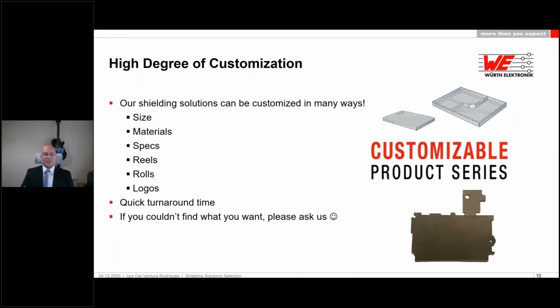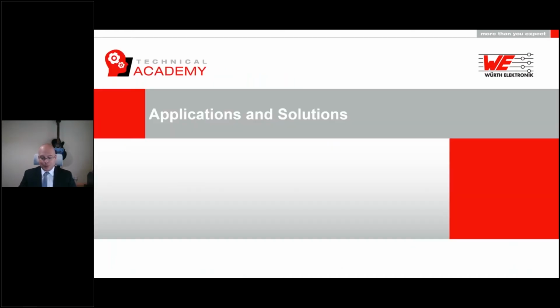Don't think twice about asking us, because we can customize size, materials, specifications, and packaging, if they're going to come, for example, on reels, rolls, or boxes. In some of them, we can even etch your logo. It's quite nice, and the turnaround time is quite quick to get them sorted out for you.